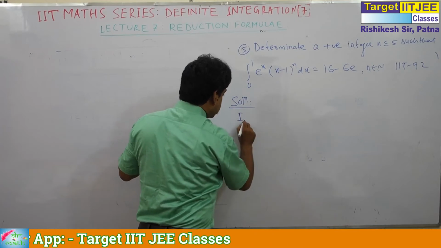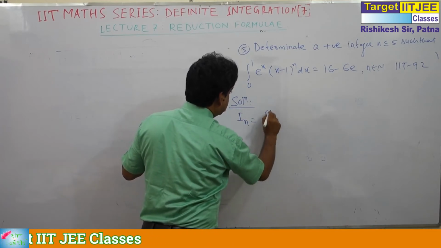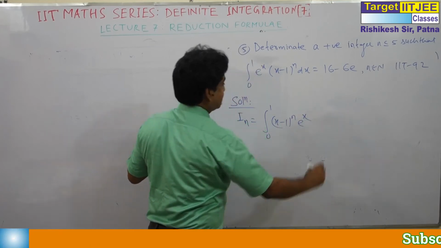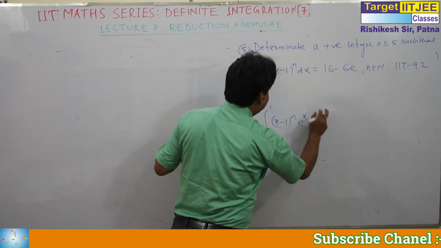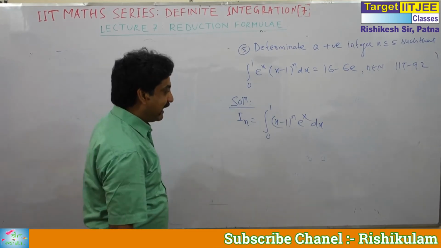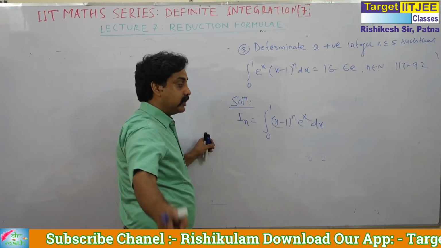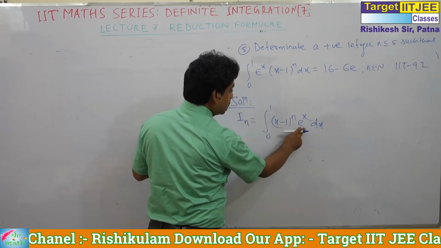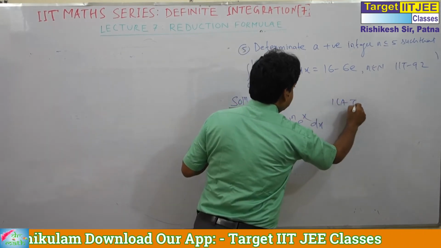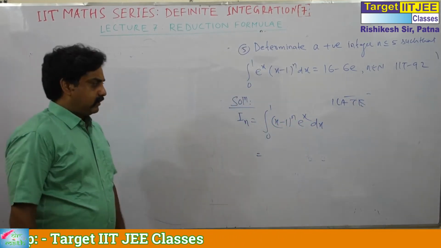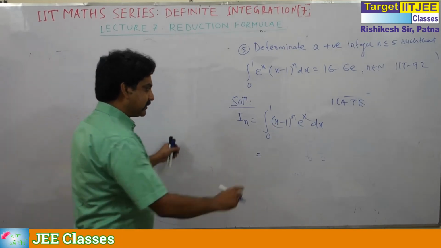This power shows that we will use the reduction formula on (x minus 1) to the power n times e to the power x dx. Why do we write in this order? That's because of the ILATE rule. We call it the ILATE rule for integration by parts. This is algebraic and this is exponential. So let's integrate by parts.